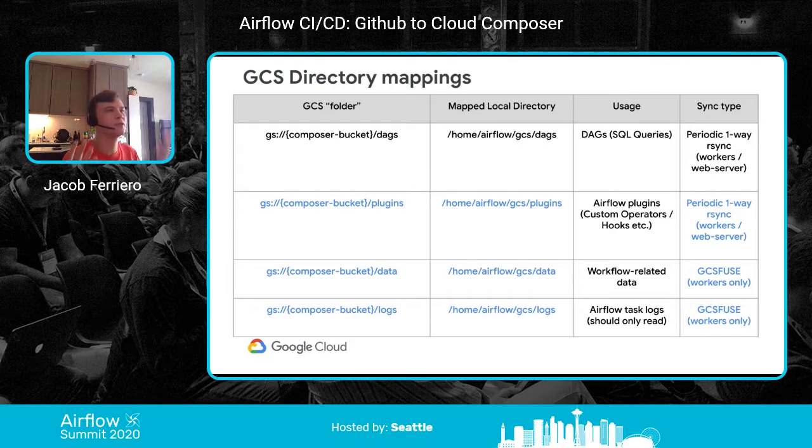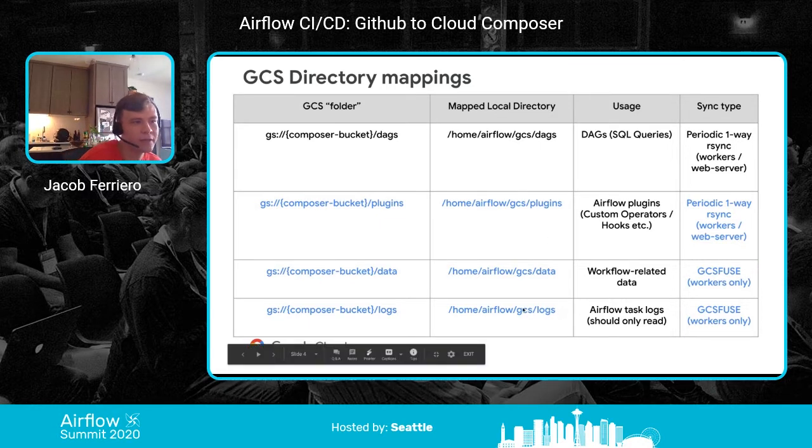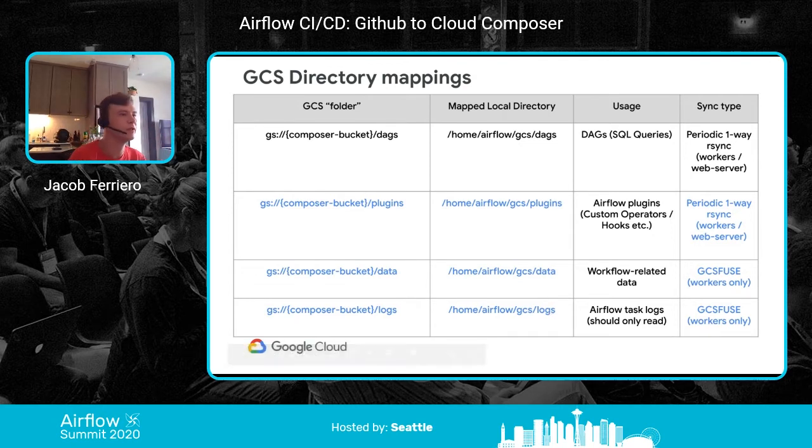Key use cases might be, I want to drop a JSON file that has all my Airflow variables in it, so I can run an Airflow CLI command to import them. Or you're storing some SQL files that a BigQuery operator uses in your DAGs. And last but not least, the logs are pretty self-explanatory. This is just where we are syncing those Airflow logs.